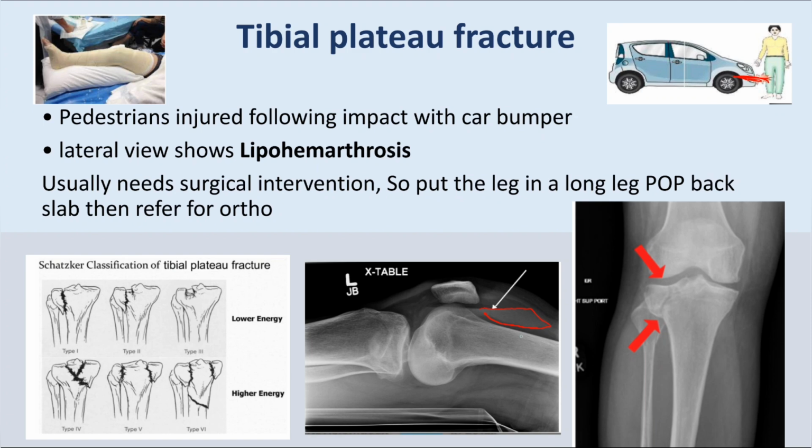This is called lipohemarthrosis. Usually it needs surgical repair. On the lateral view, it may not show anything, but on the anterior view you may see a fracture here. Usually it needs surgical intervention. So put the leg in an above-knee POP back slab and then refer to the orthopedic team.